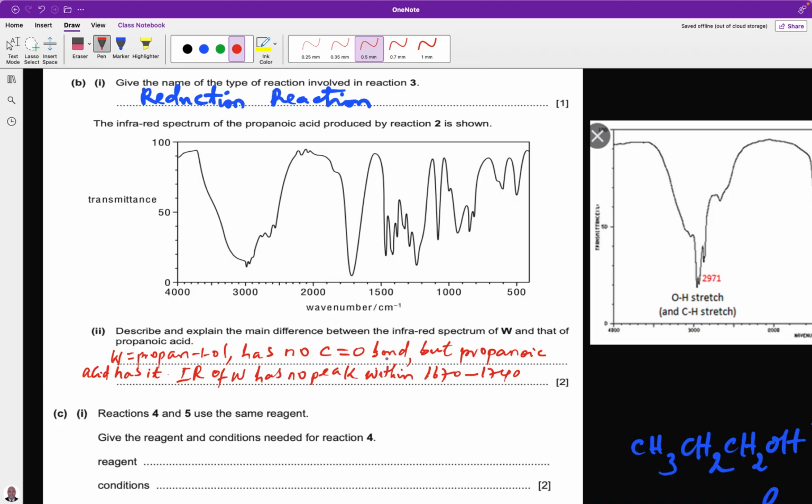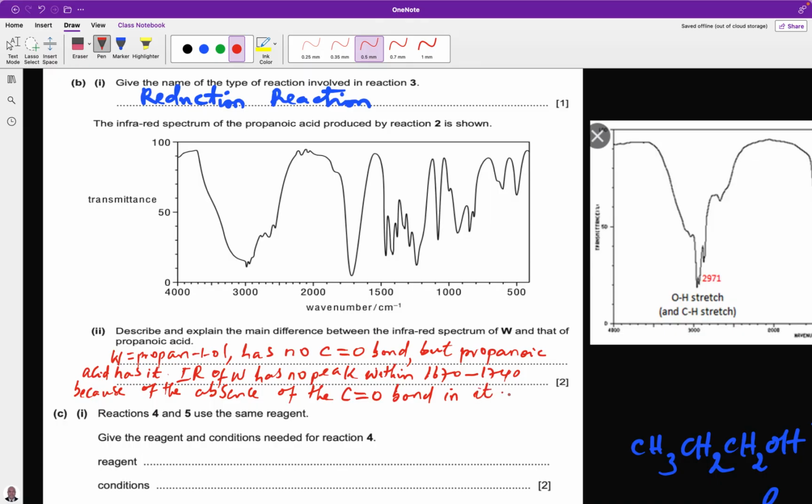Because of the absence of the C=O bond in it.